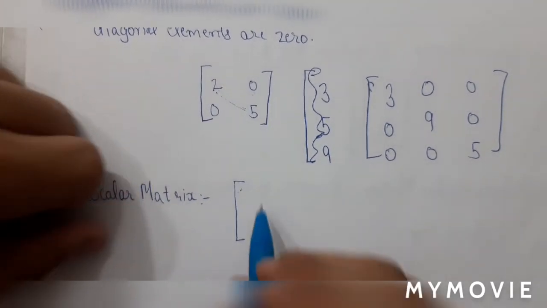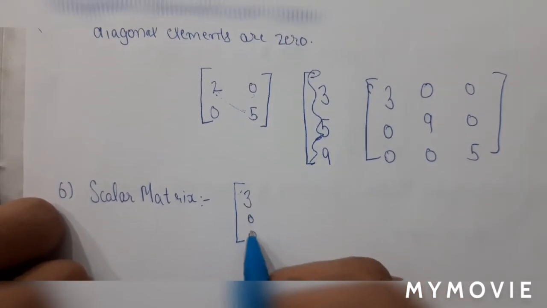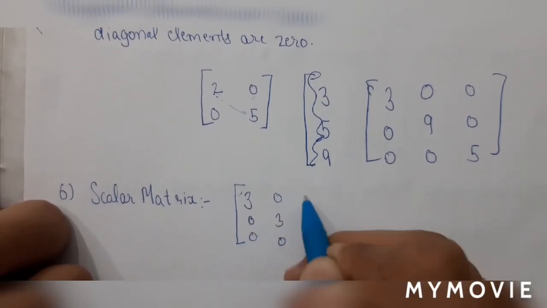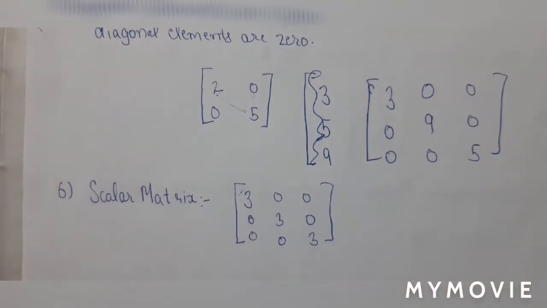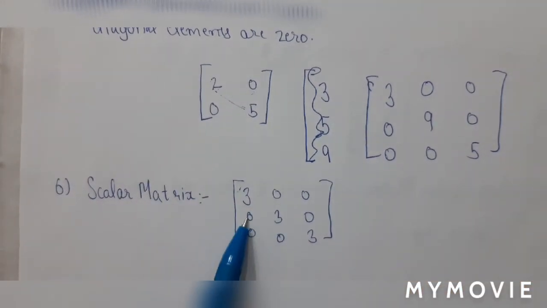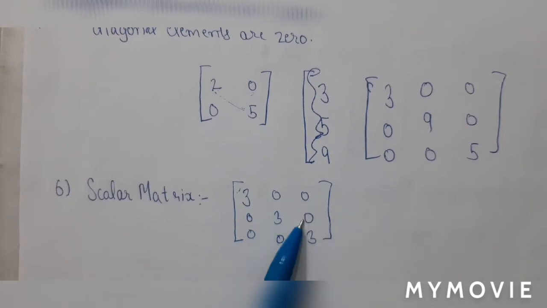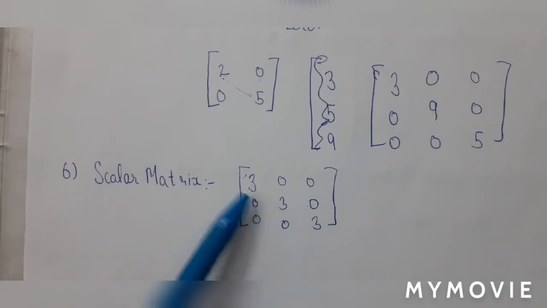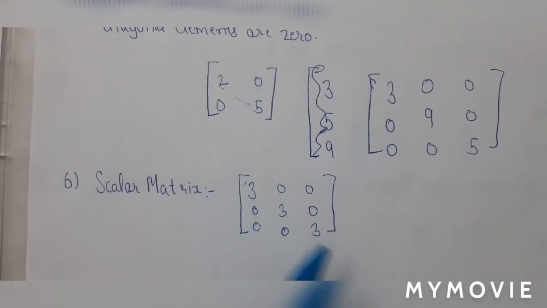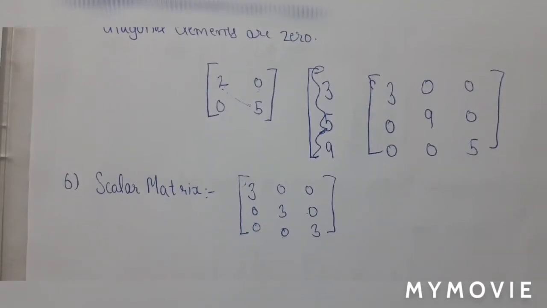Like let's take 3 0 0, 0 3 0 and 0 0 3, in which the non-diagonal elements are 0. See, these are the non-diagonal elements, these are always 0, and the diagonal elements are always equal. So this is a scalar matrix.